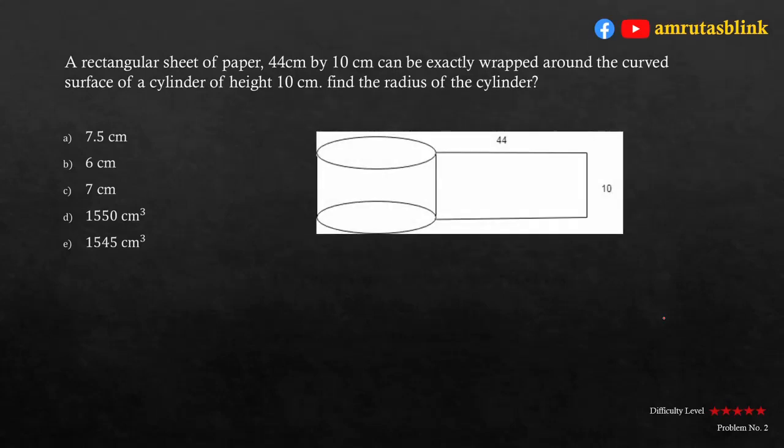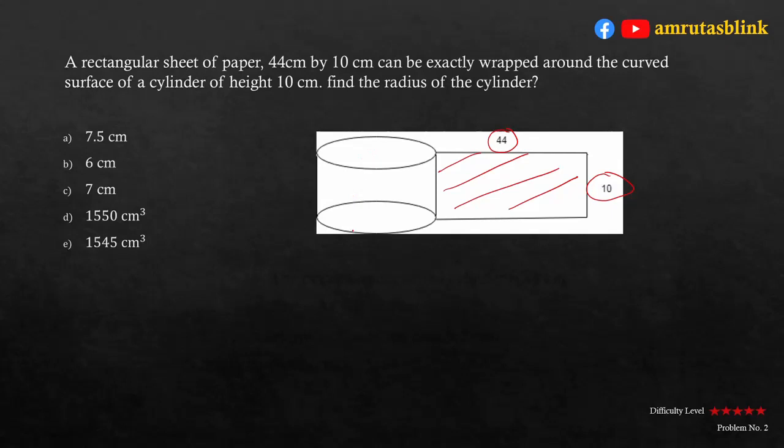First of all, we'll try to visualize the problem. What is being done is a rectangular sheet of paper. Let's say this rectangular sheet of paper, which is 44 centimeter wide and 10 centimeter in height, can be exactly wrapped around the curved surface area of a cylinder.